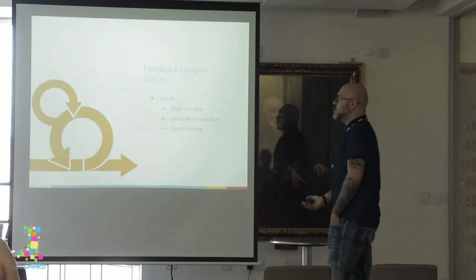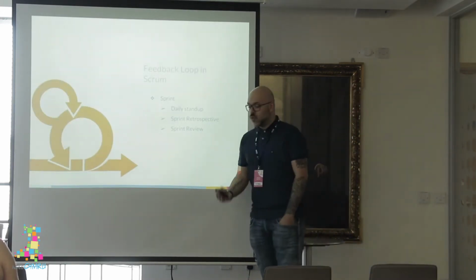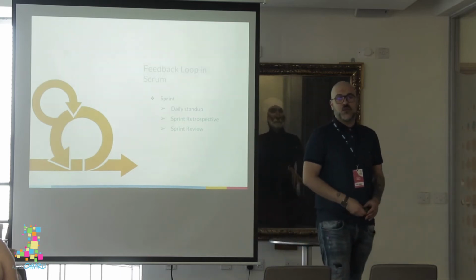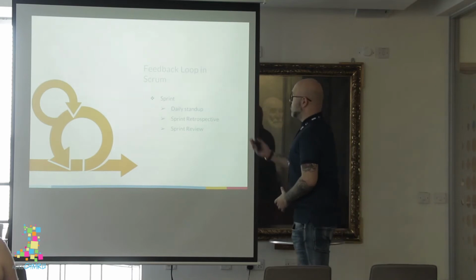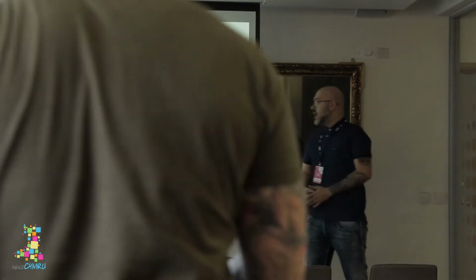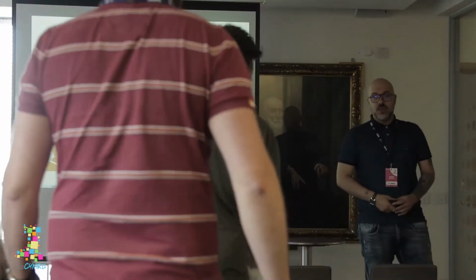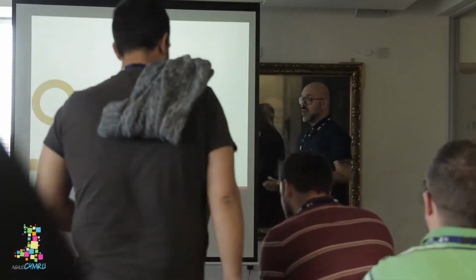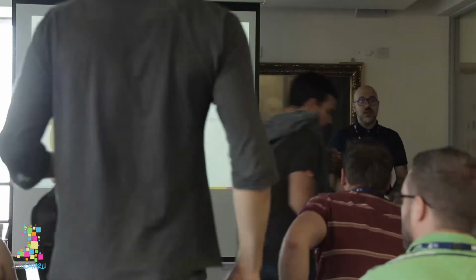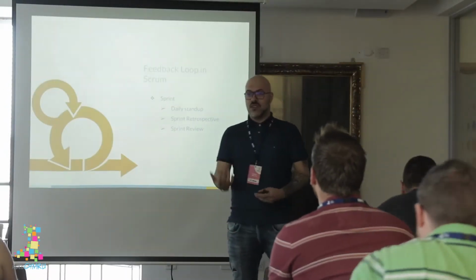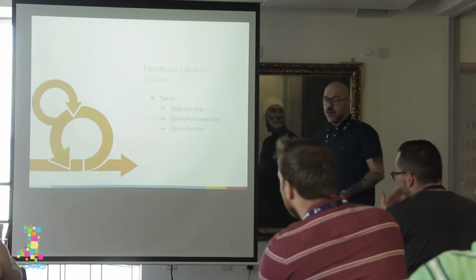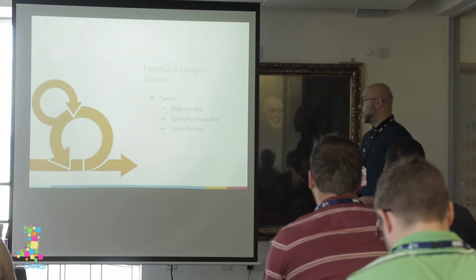There are a lot of feedback loops in what we are used to doing in some Agile frameworks. So for instance, if you think about Scrum, we can see different feedback loops. For instance, in daily stand-up, on a daily basis, our team is trying to understand where they are, if there are problems, and they're trying to share their experience from the day before.